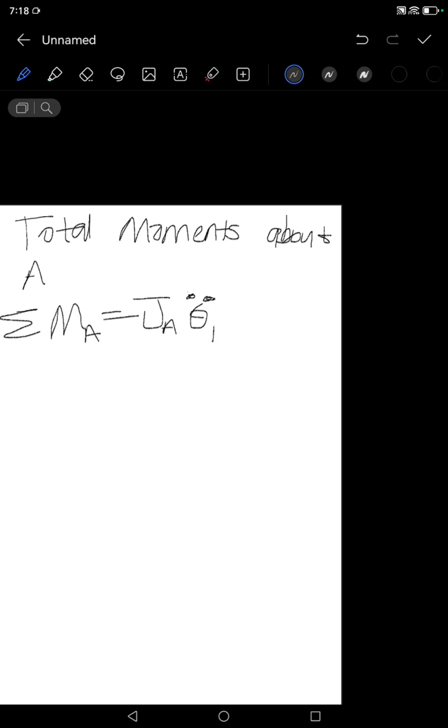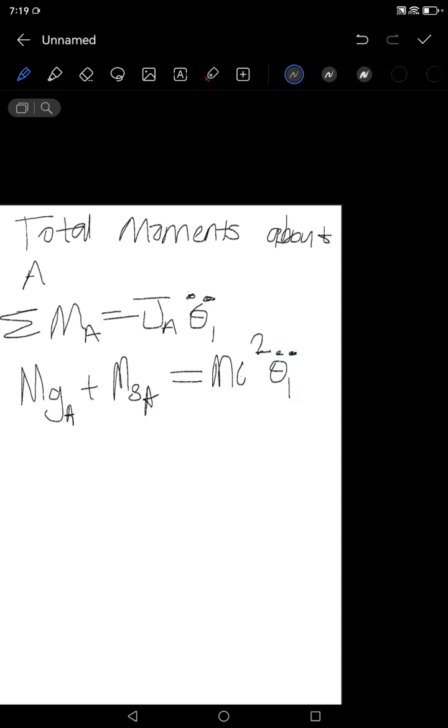Okay, so here we have the moment of gravity, we also have the moment of spring. The moment of gravity was negative mgl theta 1. Let me just write here that we have the moment of gravity at A plus the moment of spring at A equals to, remember J is equal to ml squared, so it's going to be ml squared theta dot dot 1.